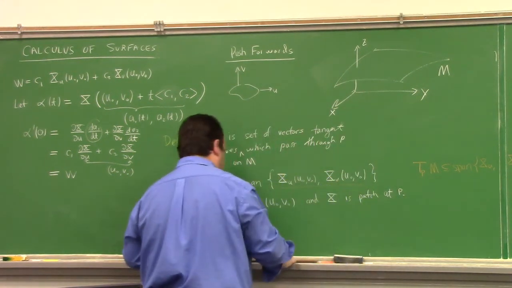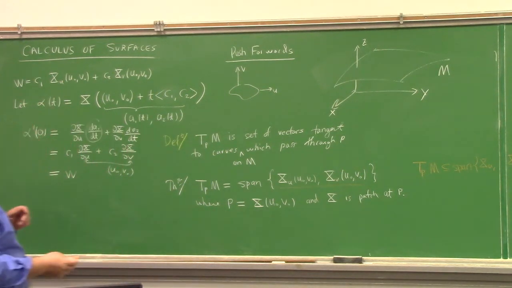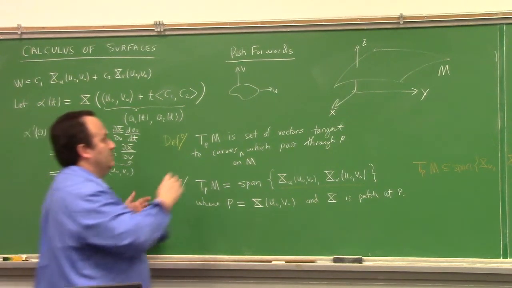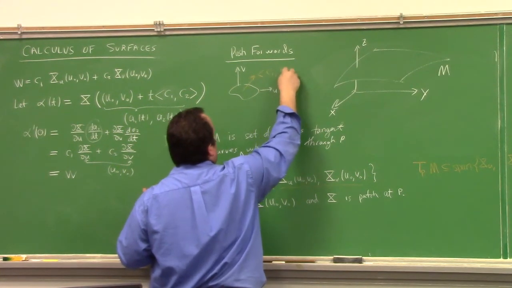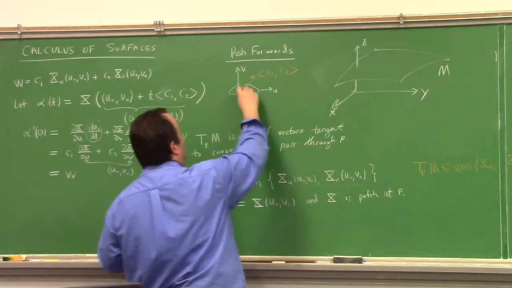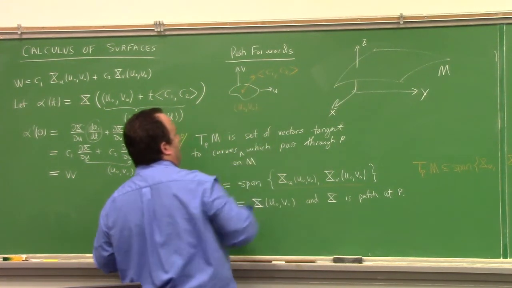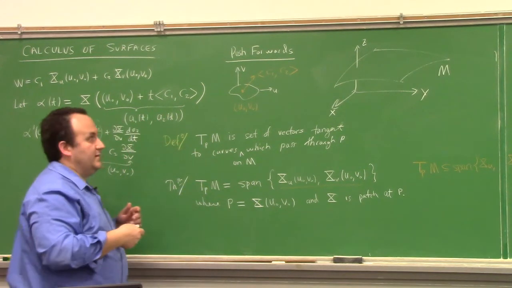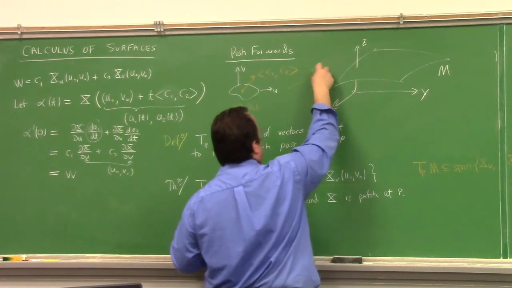And so you can think about, if I have C1, C2 over here, attached to the point (U naught, V naught), then if I look at the push forward under X of that, what happens?